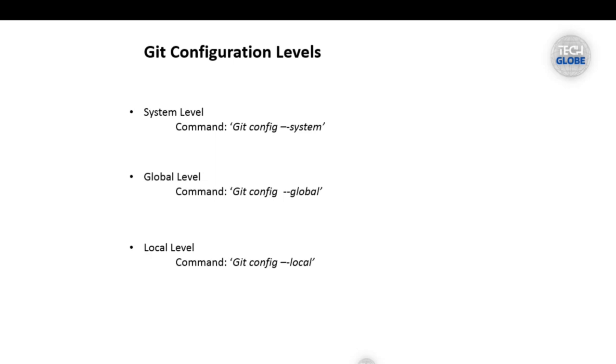I believe this makes a little sense to you. We'll have to revisit this concept later, especially when we are talking about the global configuration. Like I said, it is available for the current user for all projects.